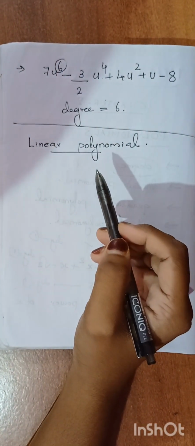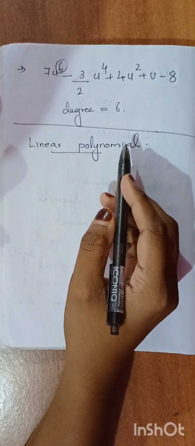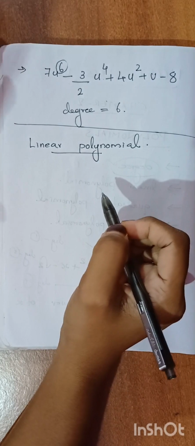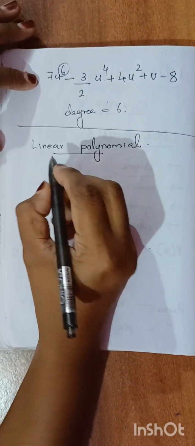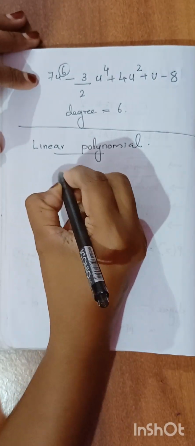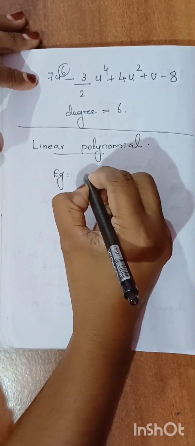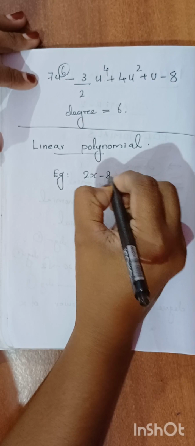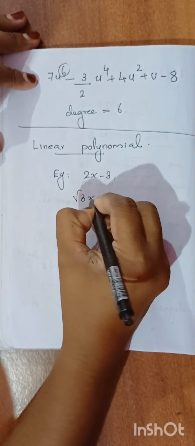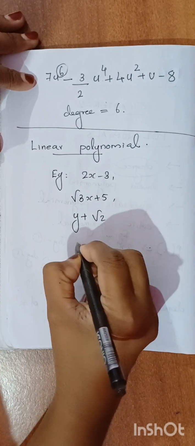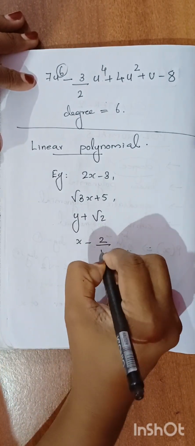Next term you have to study in this chapter is linear polynomial. And what do you mean by a linear polynomial? I will give some examples here. Okay, 2x minus 3. Next one is root 3x plus 5, y plus root 2 x minus 2 by 11.